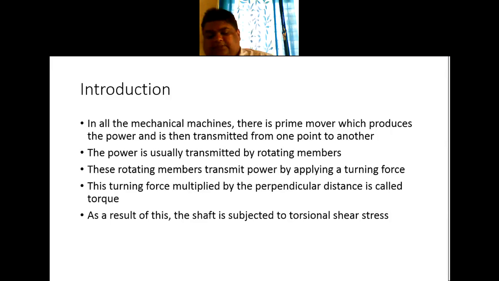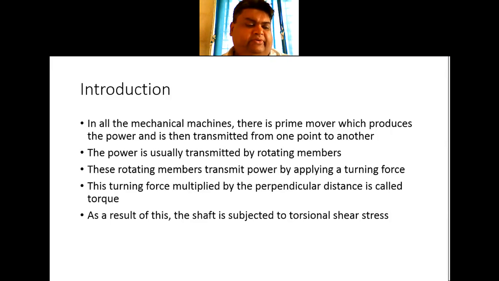In the previous unit, when we were discussing shear stresses in beams, I had explained that there are two types of shear stresses. One is direct shear stress, which we have discussed already.